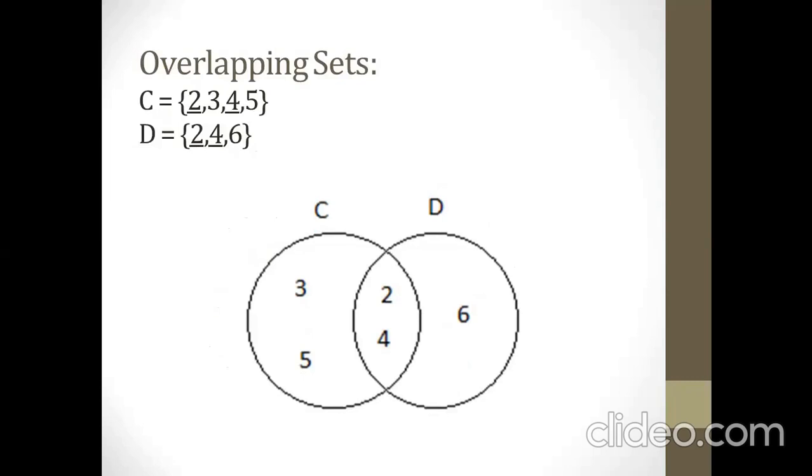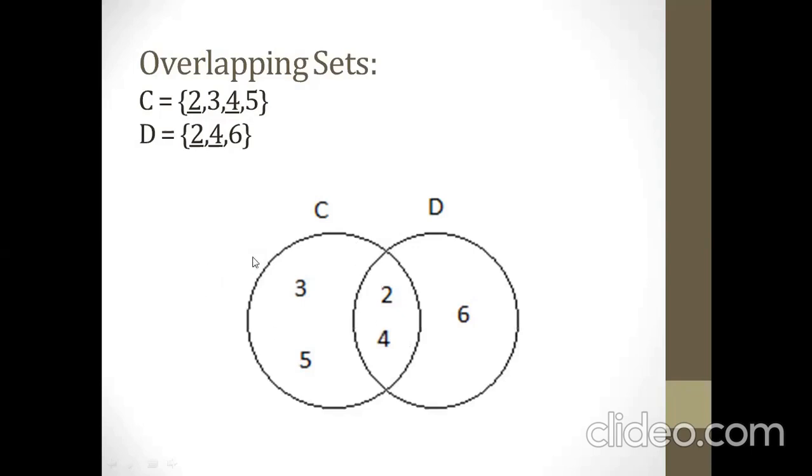Now, for overlapping sets, we can see 2 and 4 are present in both the sets. Then its diagram will be shown to you. Two circles are overlapped. First, you have to draw this circle for set C, and we have to draw another circle for set D. This region is the common region in which we have written the same elements which are common to both the sets, 2 and 4.